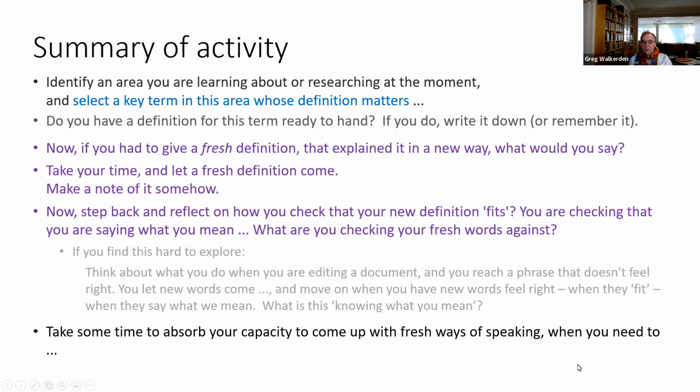And is there anybody who'd just like to comment a little bit about what their experience was there? What you noticed? Yeah, go for it, Anne-Louise. I guess for me, the word is context in terms of my checkpoint. I was using another word to think about different ways of defining it.